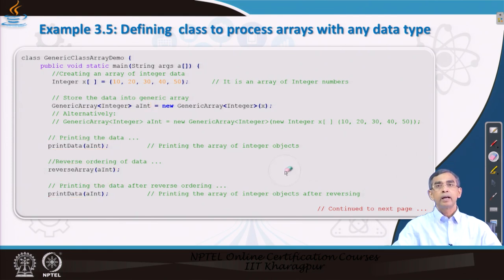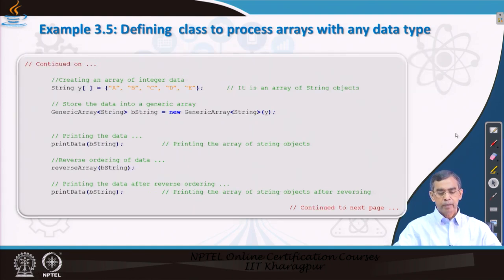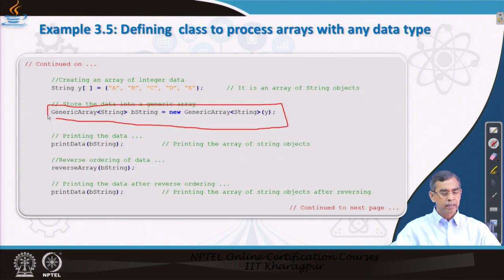for an integer array. Now, we can repeat the same program, but for another type of array. For example, let us see how the same program works for string. So, this again runs the program, but for another type of array called string. Here the string array is declared.